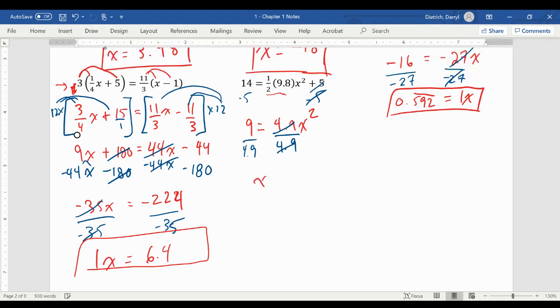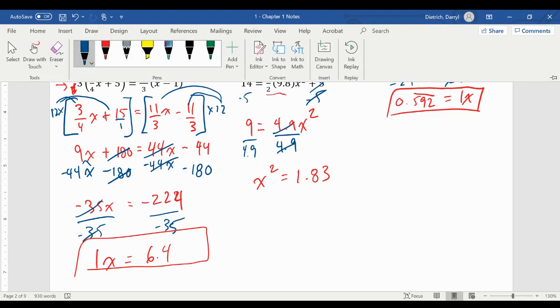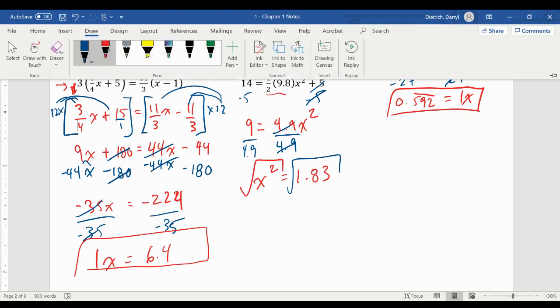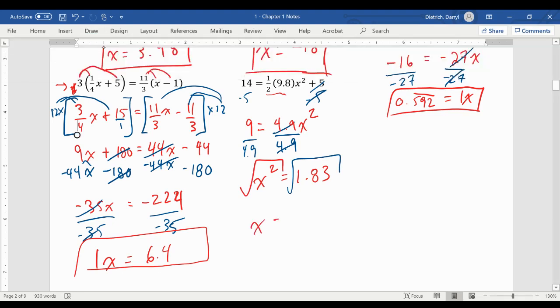Okay, that will give us x squared is equal to 1.83. Okay, and then the opposite operation, or the operation that will undo that squared operation, is to square root both sides. Okay, and we're left with a value of x is equal to 1.36.